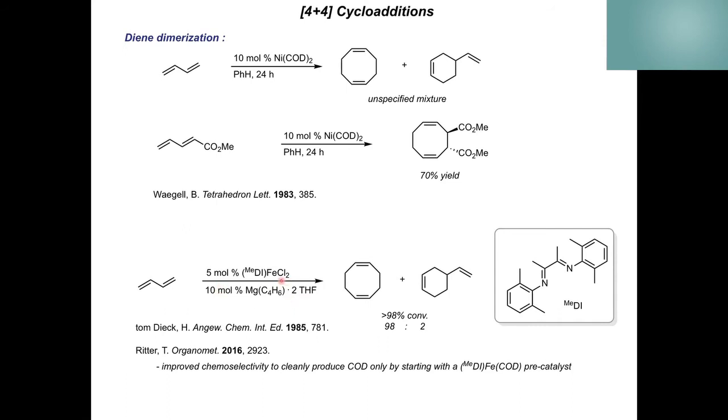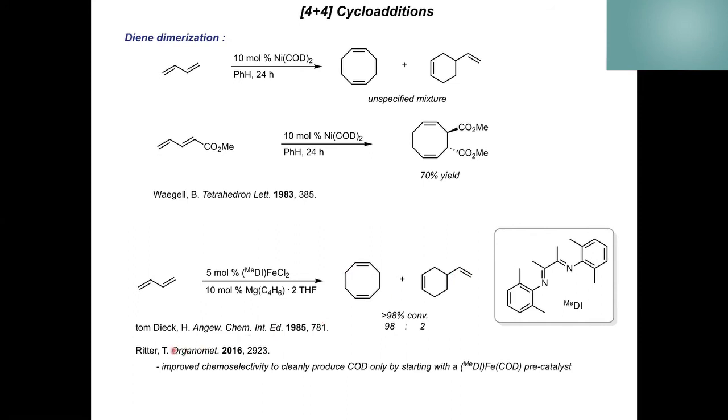It's used as an activating agent, presumably to access a reduced iron metal, which engages in this 4+2 selectively to form the octadiene, though again, it's not entirely clear if this initially forms the bis vinyl cyclobutane, and then that undergoes a thermal 3,3 to access the COD.